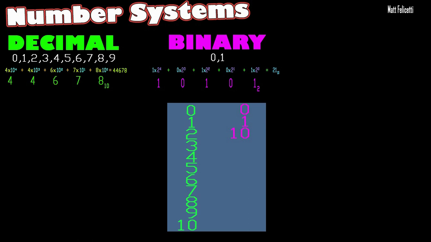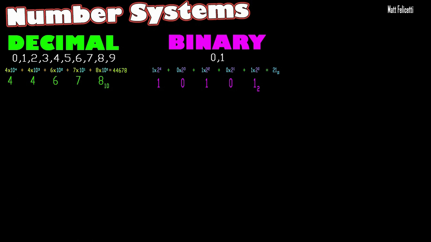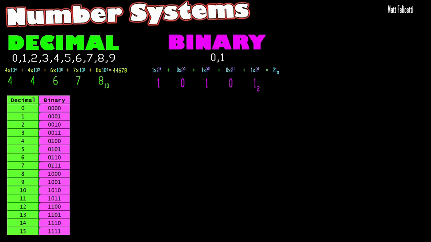From there, I can keep counting, so I get 11, and then 100, and so on. This would be nice to put into a little table. So we've got decimal 0 to 15, and we've got binary 0 to 1111.